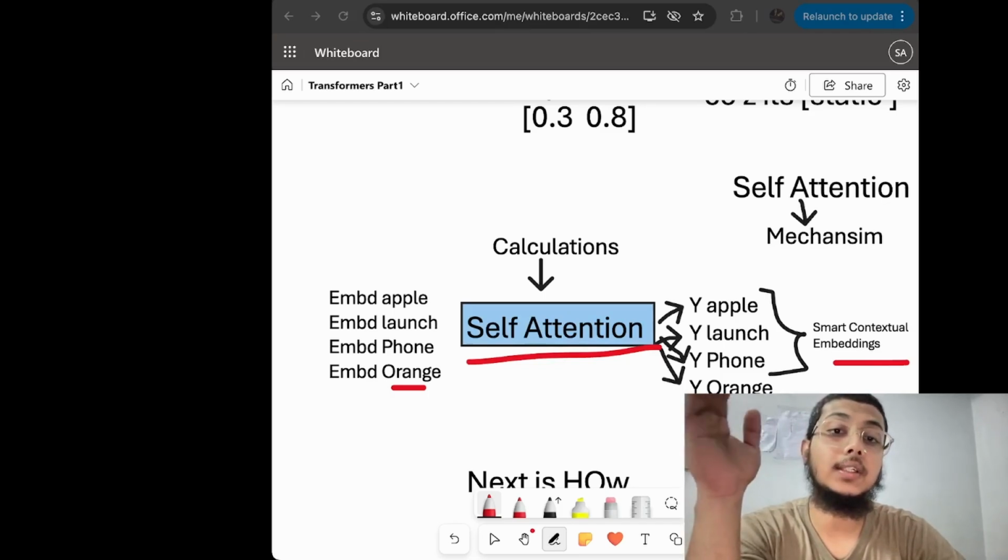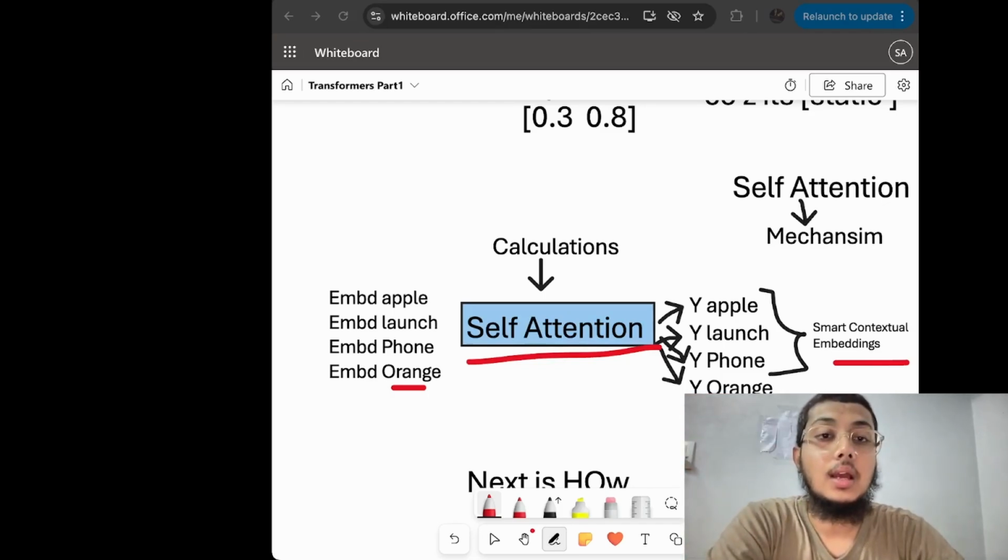So I hope after a very long discussion, I explained what self-attention is. In a simple one-line summary, self-attention is a mechanism that can take static embeddings as input and generate good contextual embeddings which can be used for any kind of NLP application.